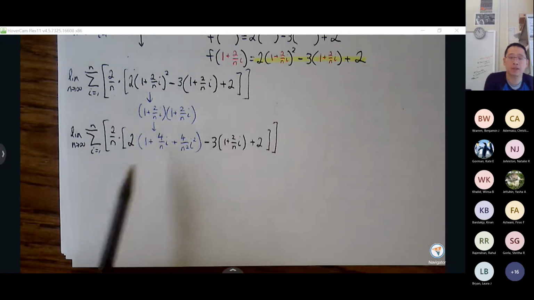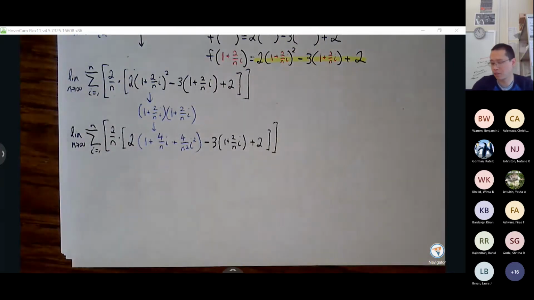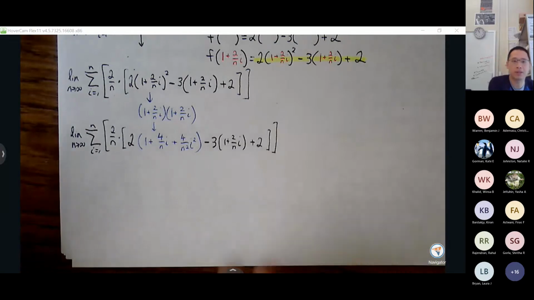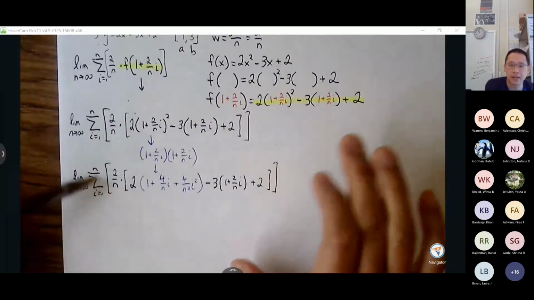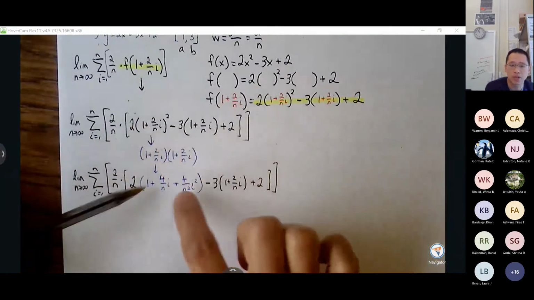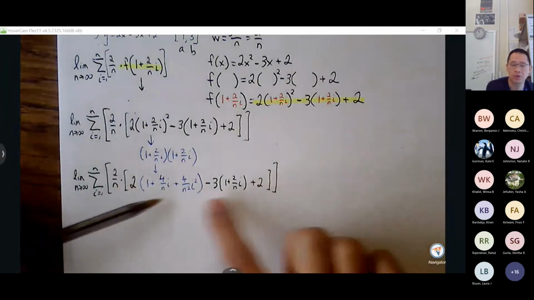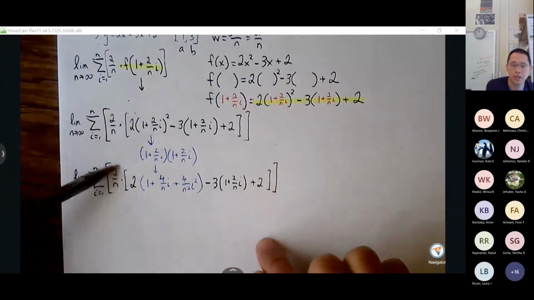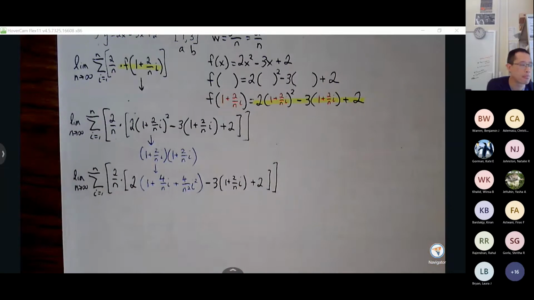And once we combine all like terms, then we can move towards the summation formula and eventually get to the area. I think the hardest part is behind us here because we folded this out and now it's just going to be distributing through, combining all like terms, and then also involving the width component as well.